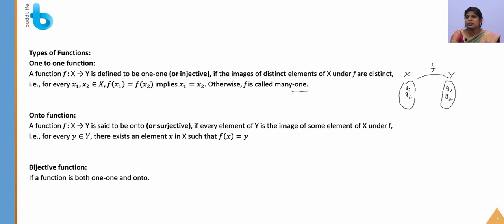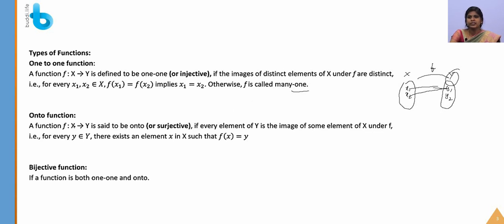If any two elements in the domain have the same image in the codomain, then it is called a many-to-one function. This Y is called the codomain or the range.